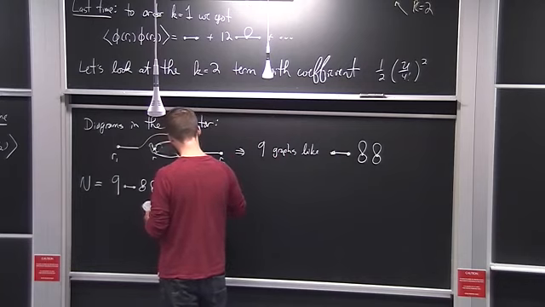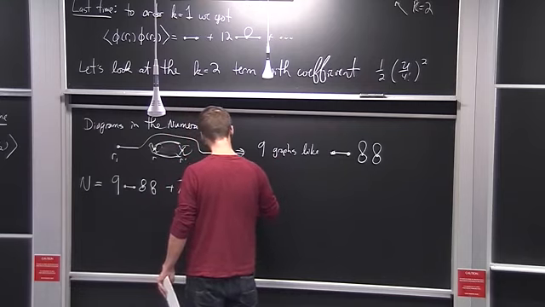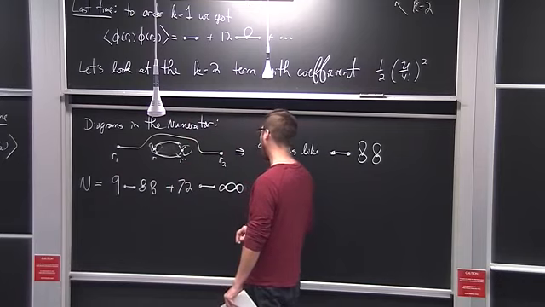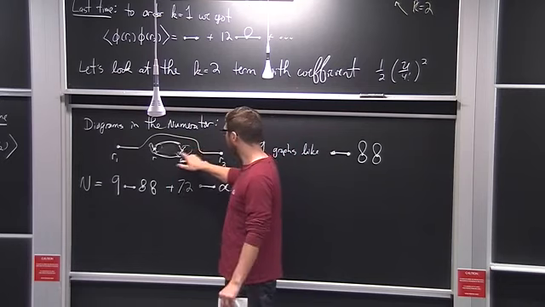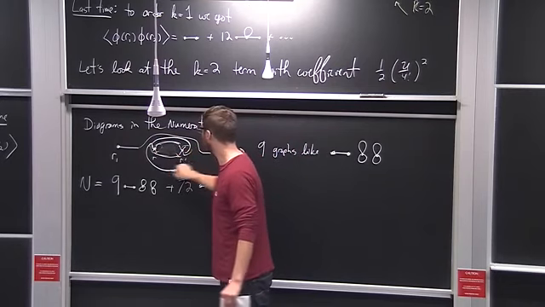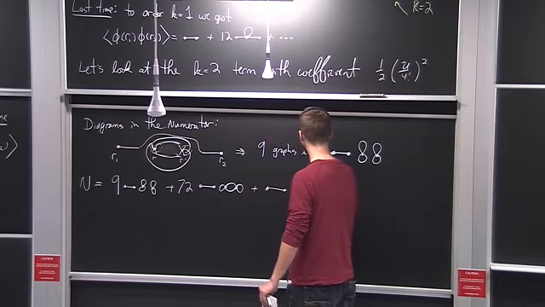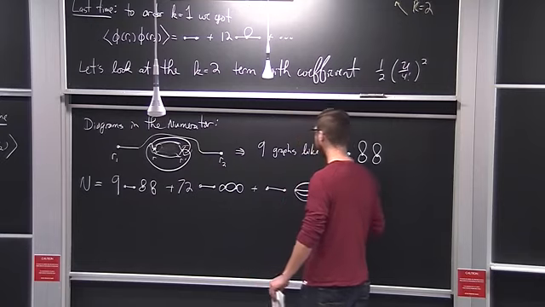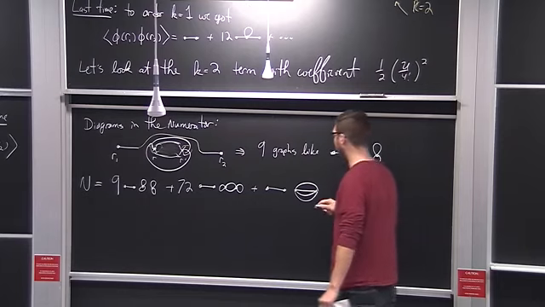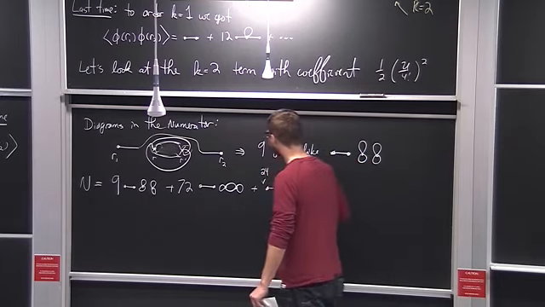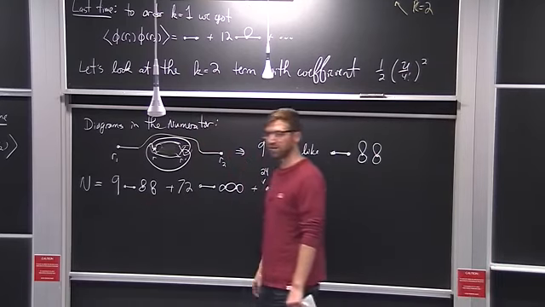This one's 72. You can also imagine, instead of looping these ones on the outside, connecting them through here. I'm just making a big mess. But that would also give me a disconnected graph that looks like that. And I think we already calculated that combinatorial factor. That's 24 in front of this one. You've got to get all these numbers right, or else your perturbation theory will give you the wrong answer.